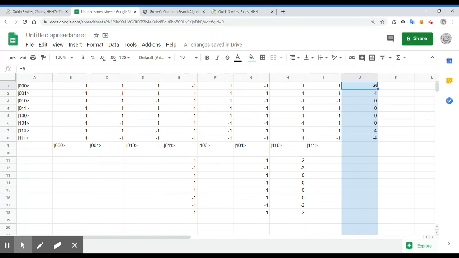I'm not liking that very much. Let me remove this, because I've basically changed the sign in here.